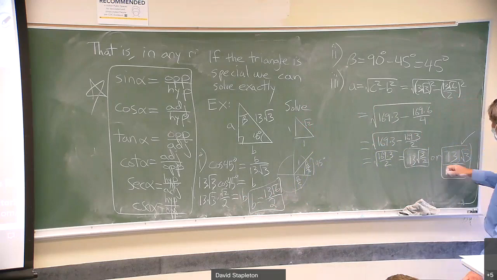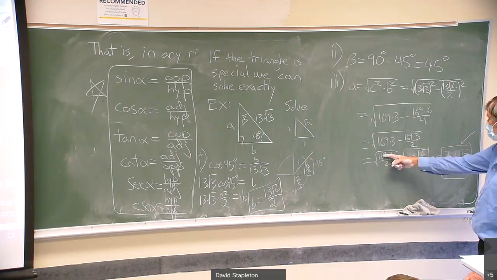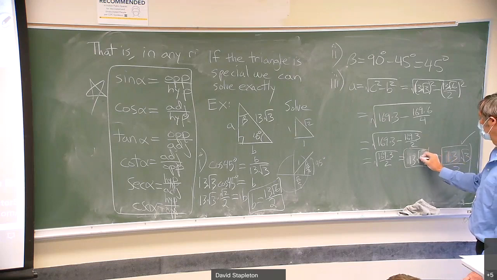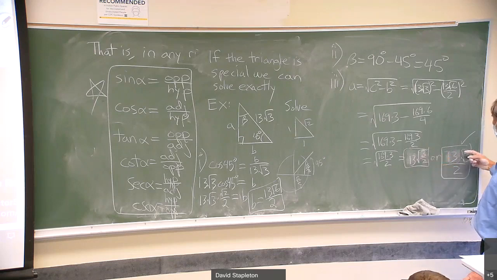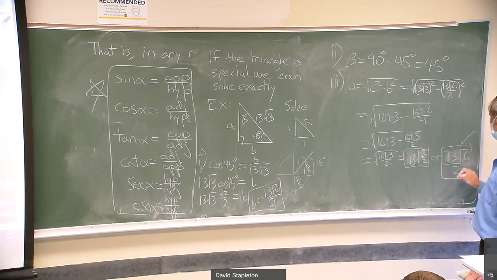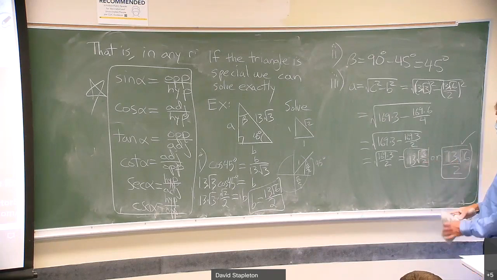This should be the same one as that one. This should be 13 square root 6 over 2. Not sure what I did here. Square root 160. So this should be... yeah, this is just square root 3 over 2. Sorry about that. 13 times square root 3 over 2, and this is 13 square root 6 over 2. But I'm multiplying top and bottom by square root 2. There we go. Okay.